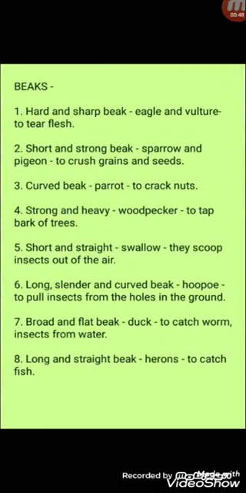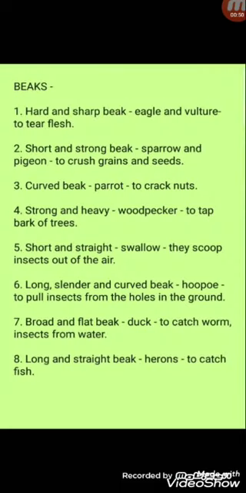We will see now. First is hard and sharp beak. This type of beak is found in eagle and vulture. And how does it help them? To tear the flesh of animals. Next, short and strong beak. This type of beak is found in sparrow and pigeon.